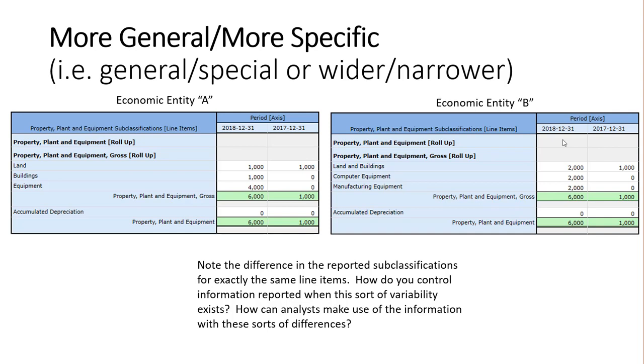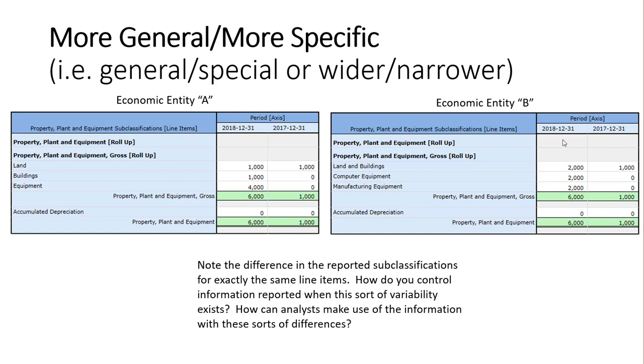In the one on the left, land is separated from buildings. On the one on the right, land and buildings are combined. So a more general concept, land and buildings, is created by economic entity B, and a more specific breakdown was provided by economic entity A. With regard to equipment, the opposite is occurring.